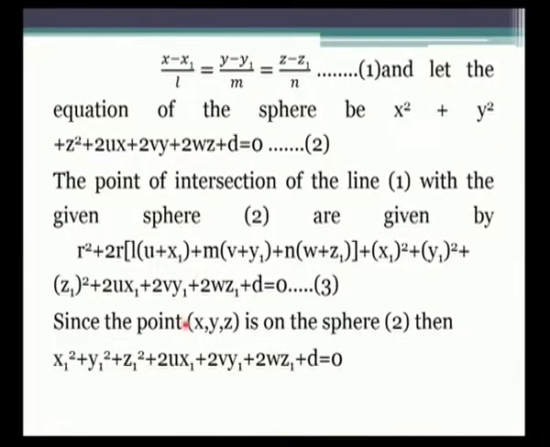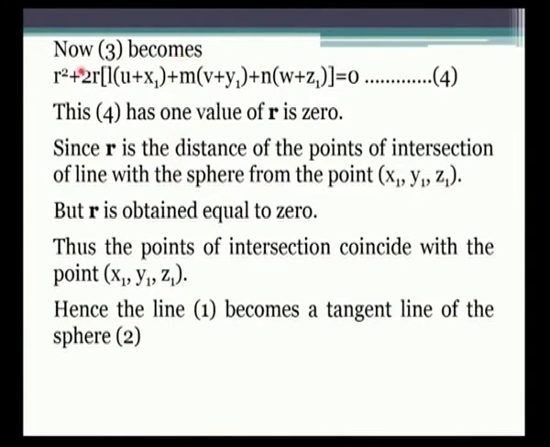Now equation 3 becomes r squared plus 2r into (L into (u plus x1) plus m into (v plus y1) plus n into (w plus z1)) is equal to 0. This is how equation 3 changes when the point x1, y1, z1 lies on the sphere.